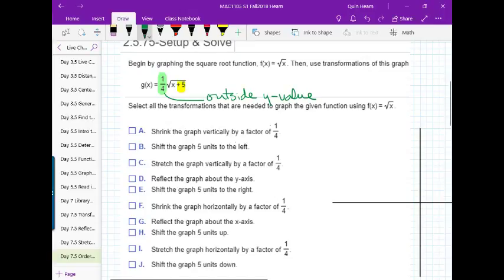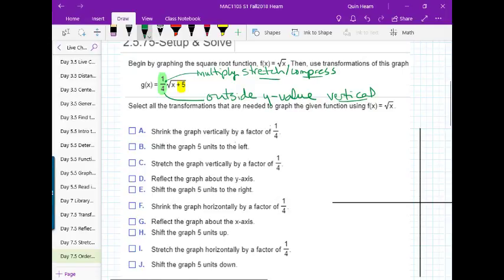So it's got something to do with vertical. Y is always vertical. So what's happening? Well, then you think about its multiplication. Multiplying and dividing have to do with stretch or compress. Okay, so it's either going to be a vertical stretch or a vertical compress.